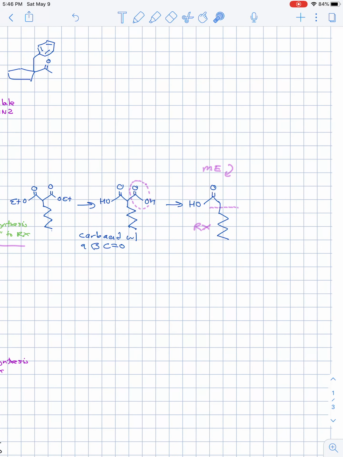So here's your alkyl halide, and we added CH2CO2H. You should be able to understand the mechanism of this reaction, except you're not responsible for this decarboxylation step. You're responsible for being able to recognize compounds that will decarboxylate, but you don't have to write the mechanism.